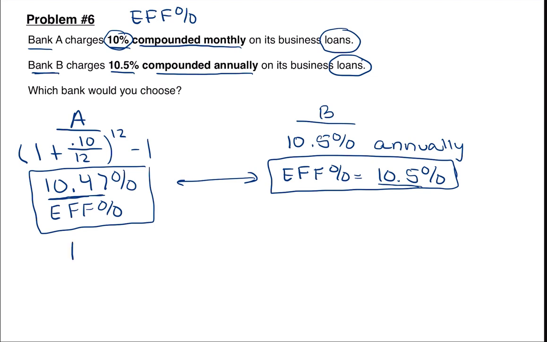So we're going to choose Bank A because the effective rate is lower. So if we're comparing loans, investments, anything like that, with rates that are compounded differently, we want to find the effective rate to be able to compare them.